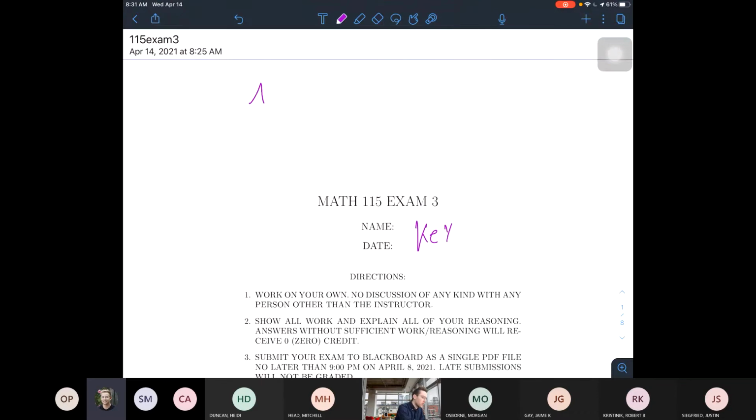So the average was somewhere around 71%. Our previous exam averages were, I think, like 78 and 79 respectively.